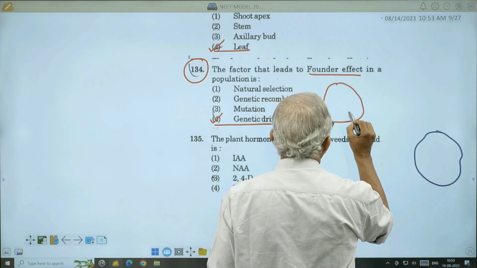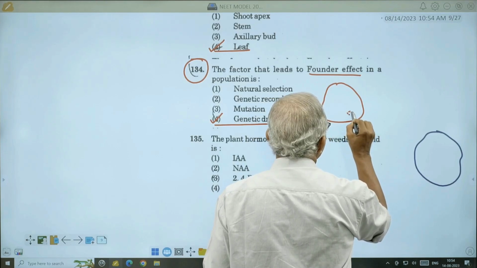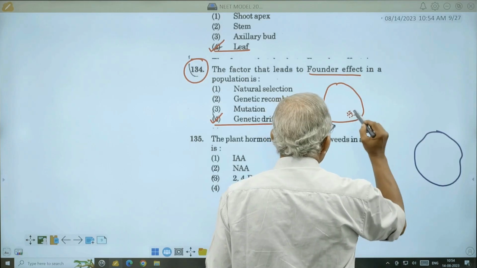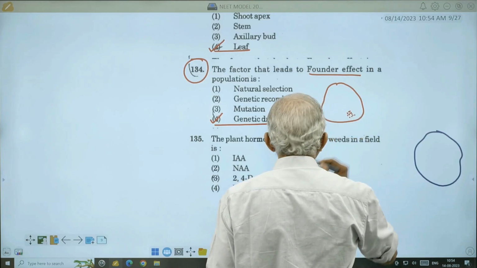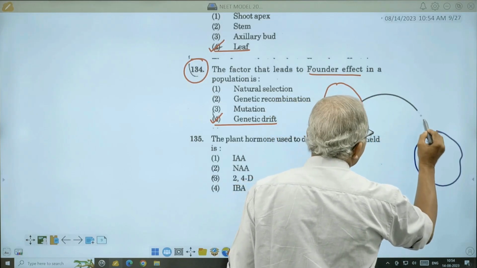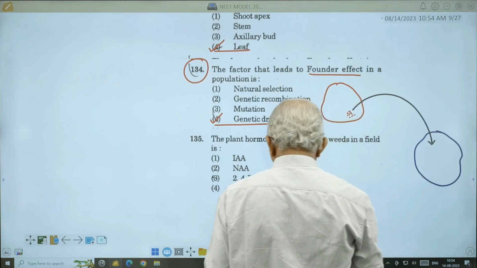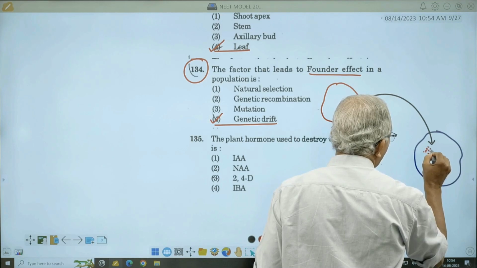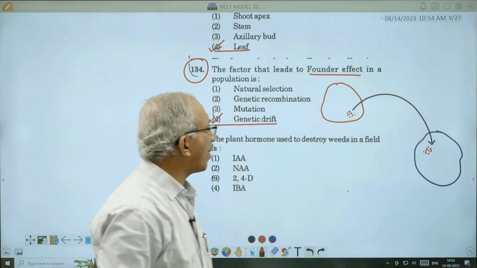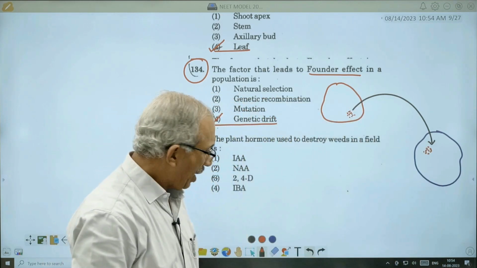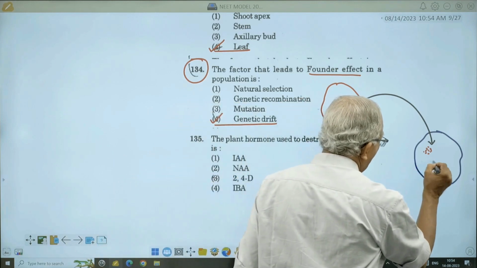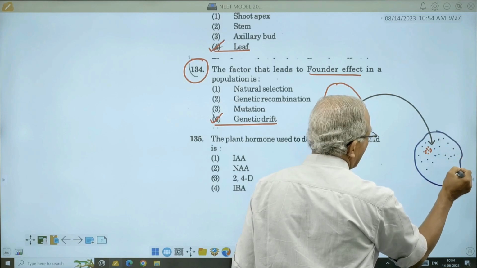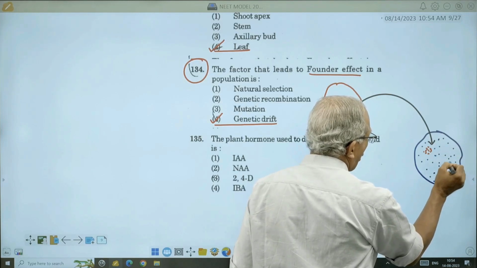From the first population, a small group of individuals migrated to a new population.